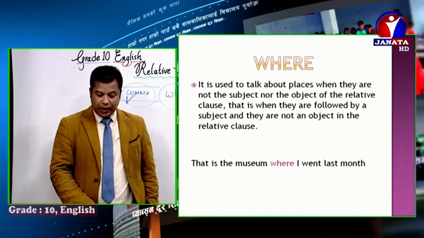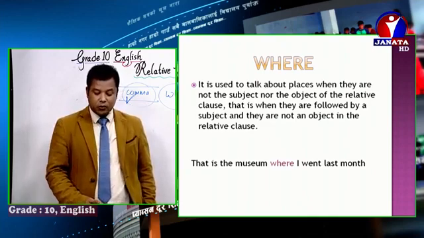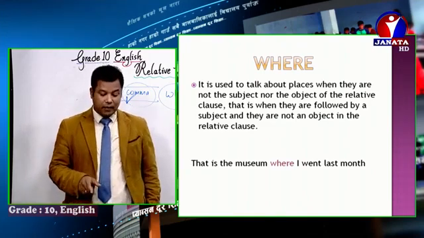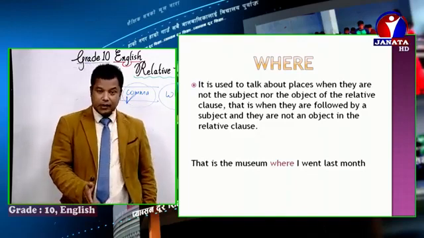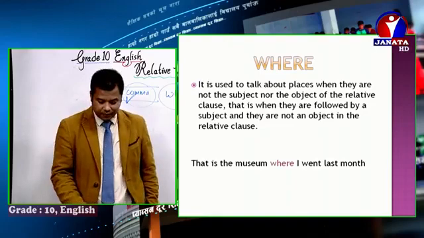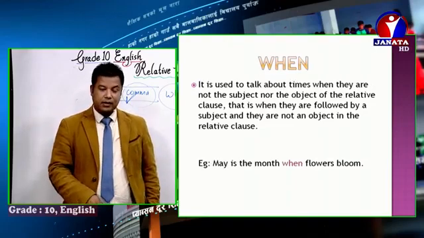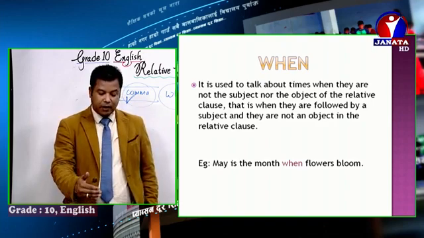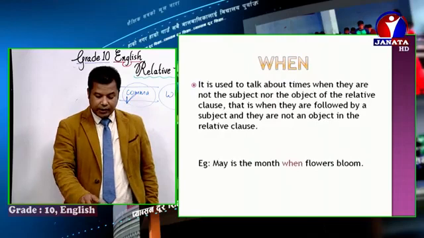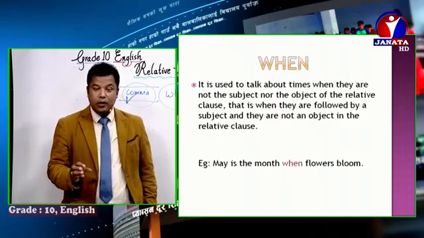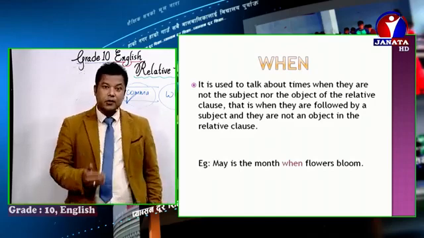Now where is another relative pronoun that you can use. An example sentence is given there. That is the museum where I went last month. The full stop is missing, that is an accident. I would consider you can just put that in yourself. Similarly, there is an expression made by when. Now see here, we will discuss later with these examples how we can use the same sentences a little differently by introducing prepositions.